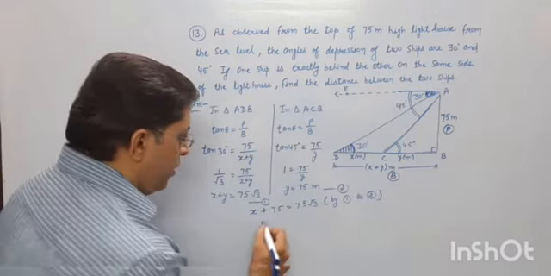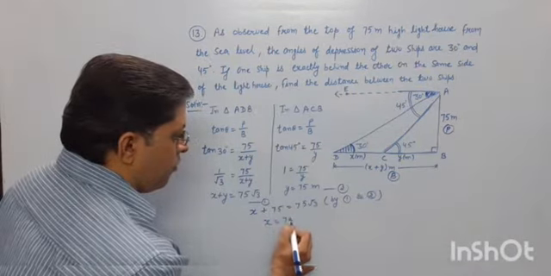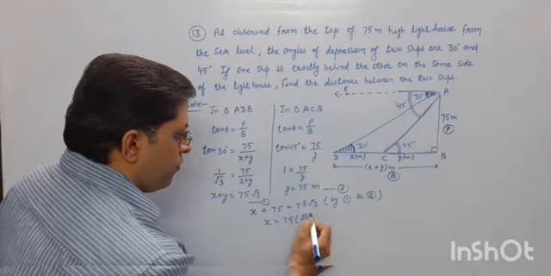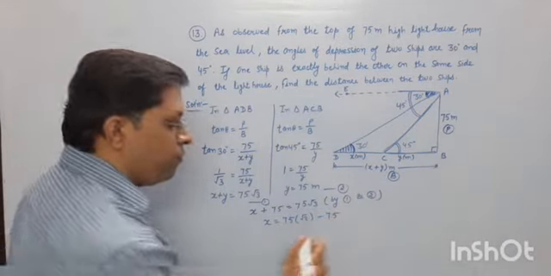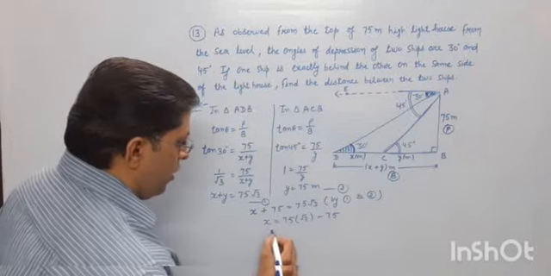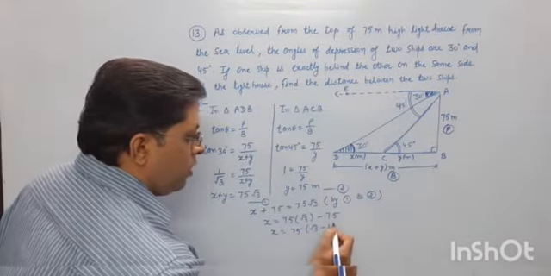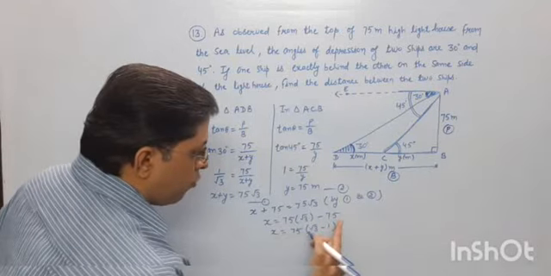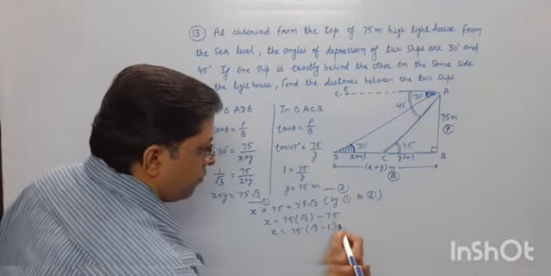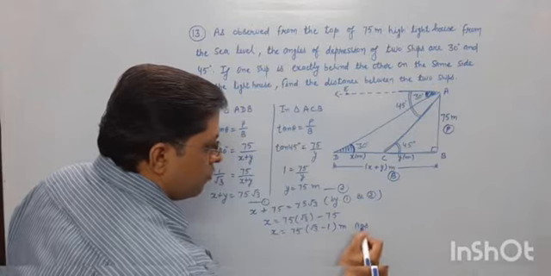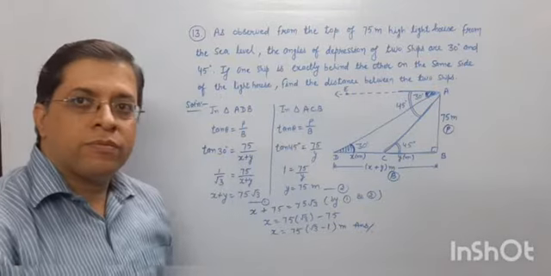Then x is equal to 75 root 3 minus 75. Then x will be 75 into root 3 minus 1, when it comes out common, then 1 will be left. Meter, this is your answer.